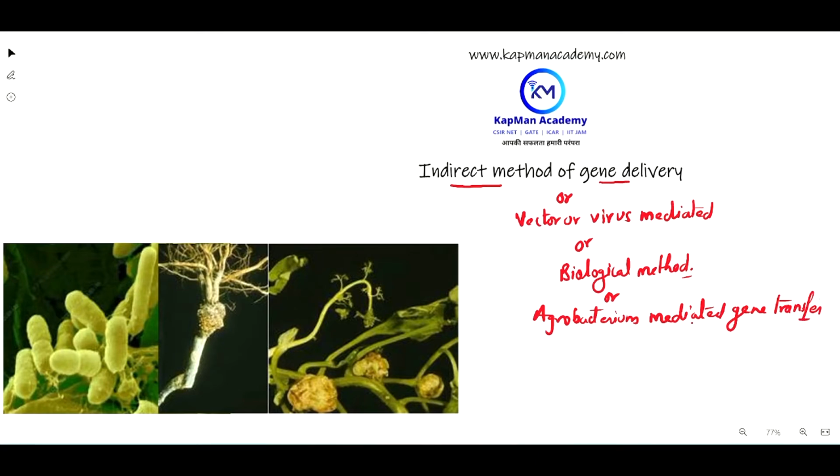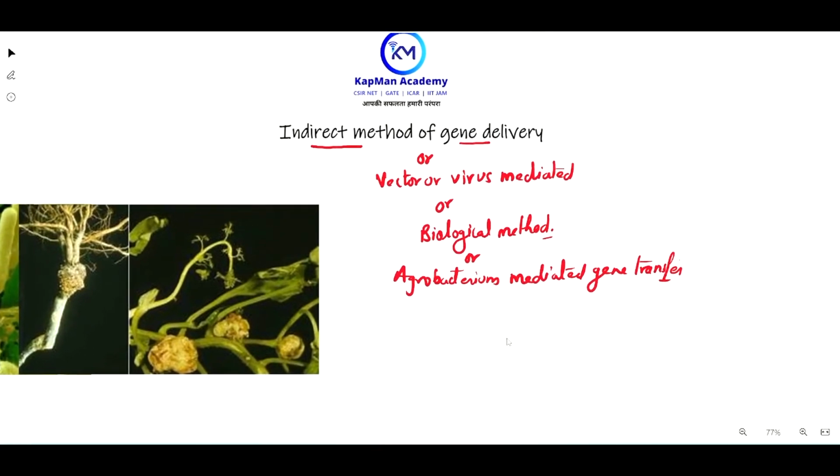For this method, Agrobacterium tumefaciens is used, which is a gram negative, rod shaped bacteria, as you can see in the image, and causes crown gall disease in the plant.